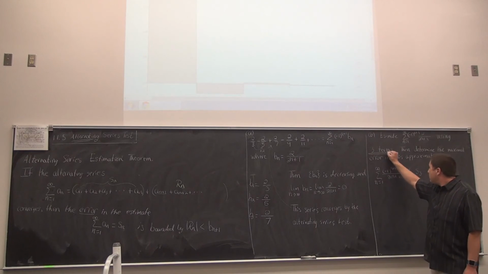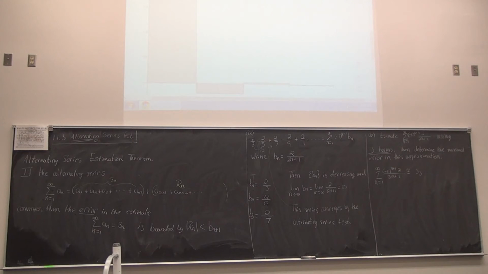And I used S3 just because it told us to estimate it using 3 terms. That's referring specifically to S3. S is the partial sums, and by formula, S3 would be A1 plus A2 plus A3. So all we have to do is write all that out. And remember, if this was a problem on an exam, if you just tell me what A1, A2, A3 are, then you're free to just stop right there. You don't actually have to do any further computations.